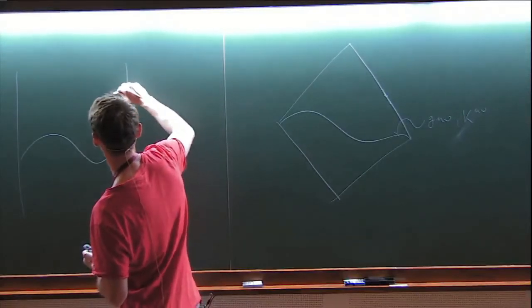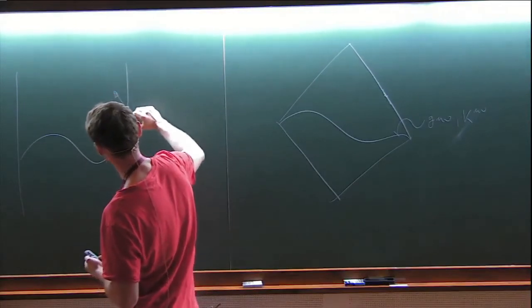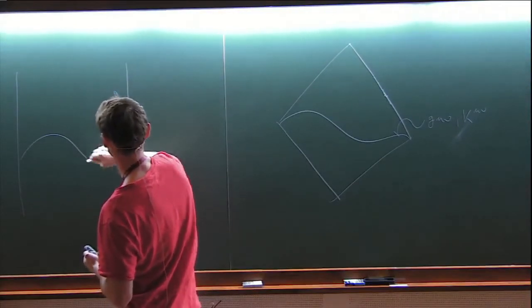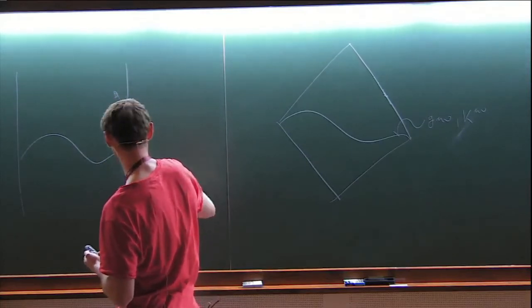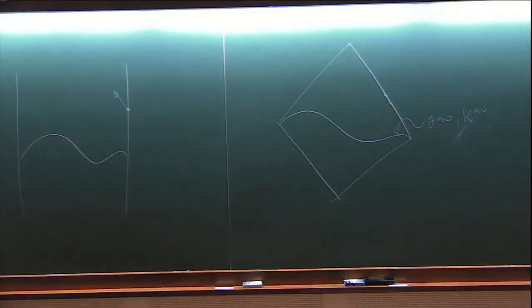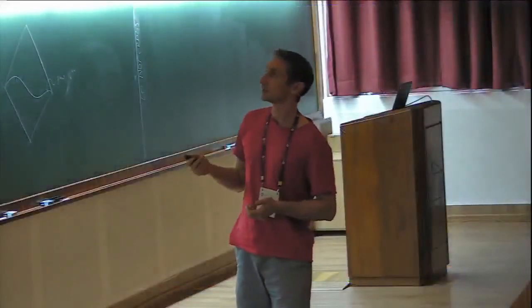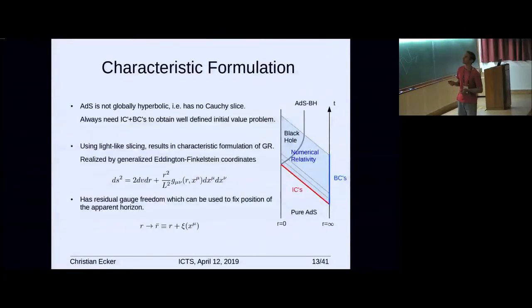Whatever happens at the boundary can influence what happens here in the future, and it's not sufficient to only provide the initial conditions on one of these slices. So the statement that I want to make here is that to get a well-defined initial value problem, you always have to provide initial conditions and boundary conditions in AdS.